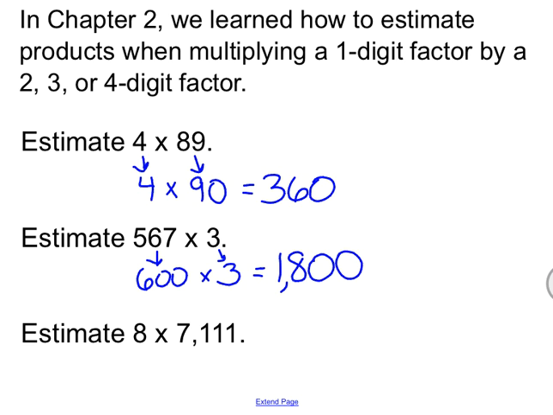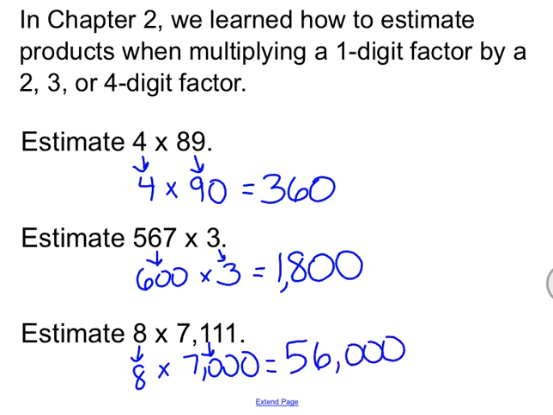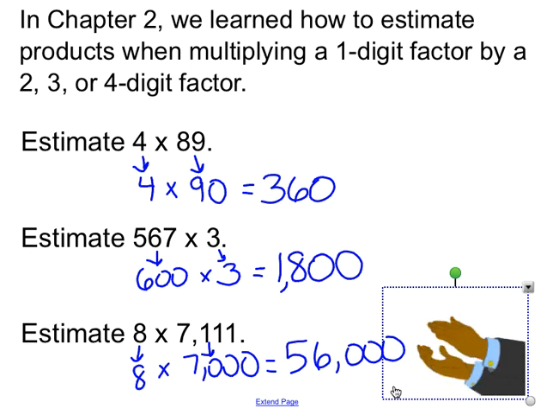So it will become 8 times 7,000. 8 times 7 is 56, and now I add 3 zeros. So it is about 56,000. Yay for me.